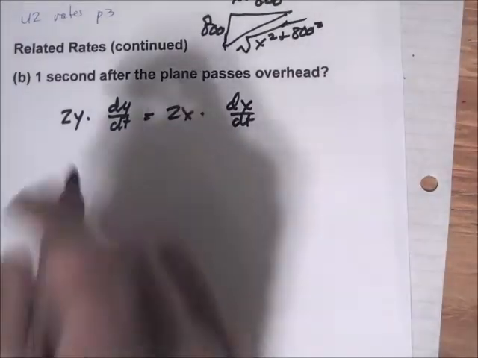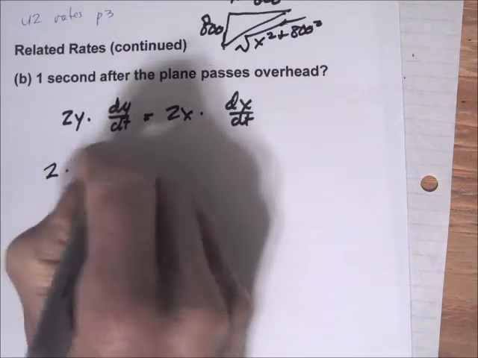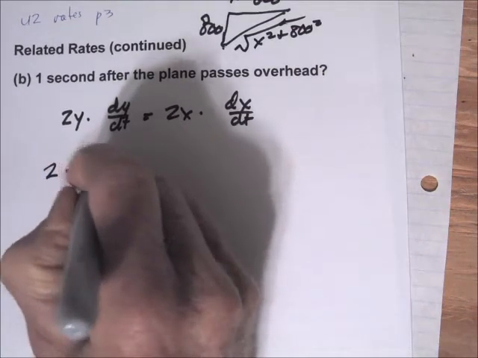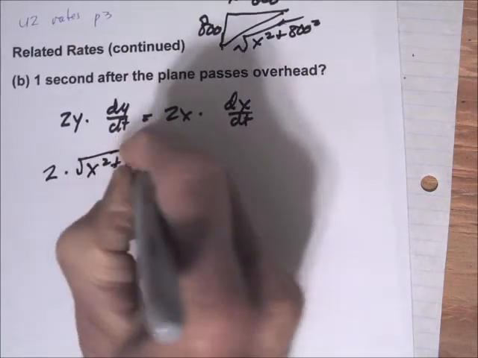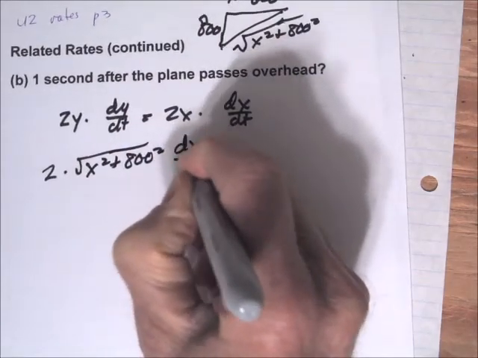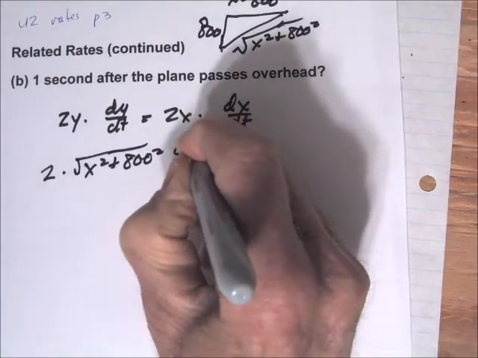So y is the square root of x squared plus 800 squared.